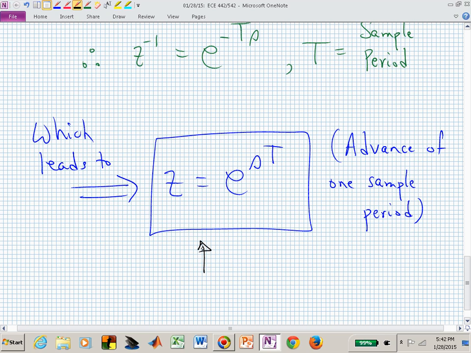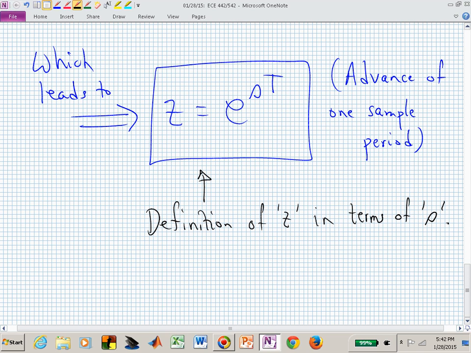This that I've boxed is the definition of z in terms of s.